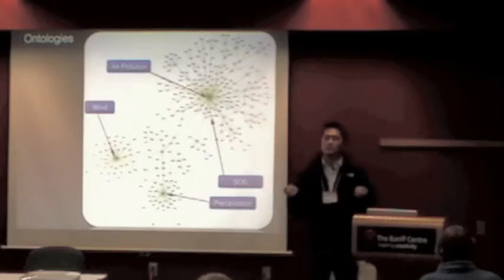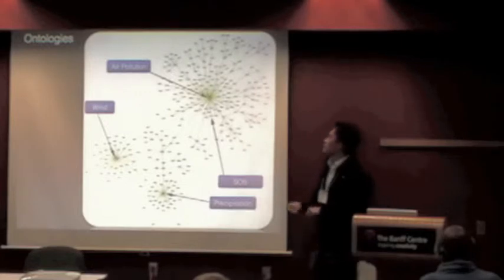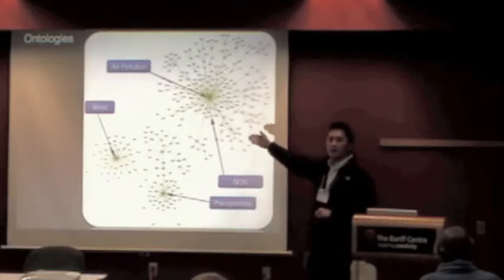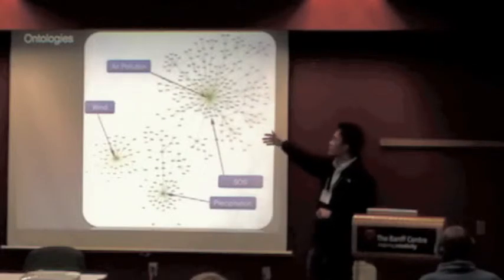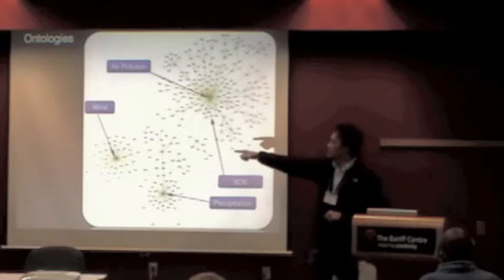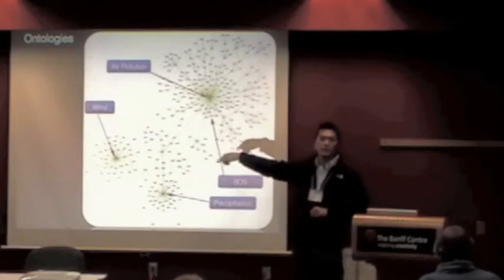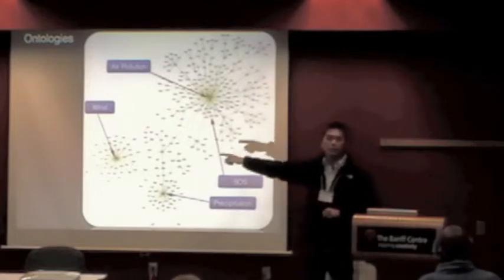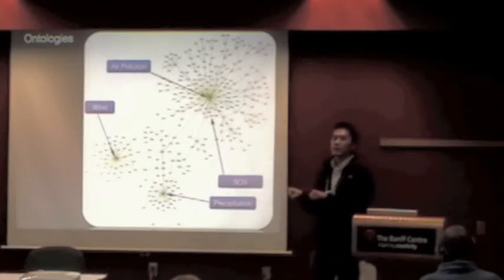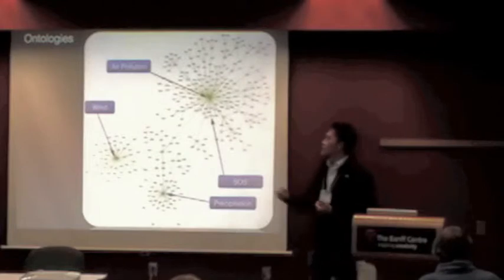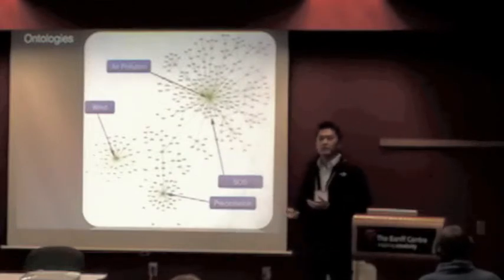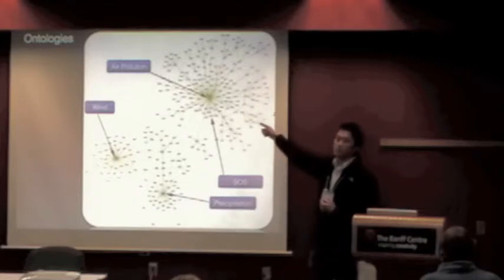Everything is interconnected. And there's a node. The node represents a concept or an individual that belongs to a concept. For example, there's an air pollution concept, and there's another concept for the wind. And between the air pollution and the wind concepts, there is a relationship to link them together. For example, stronger wind may influence the affected area of air pollution.